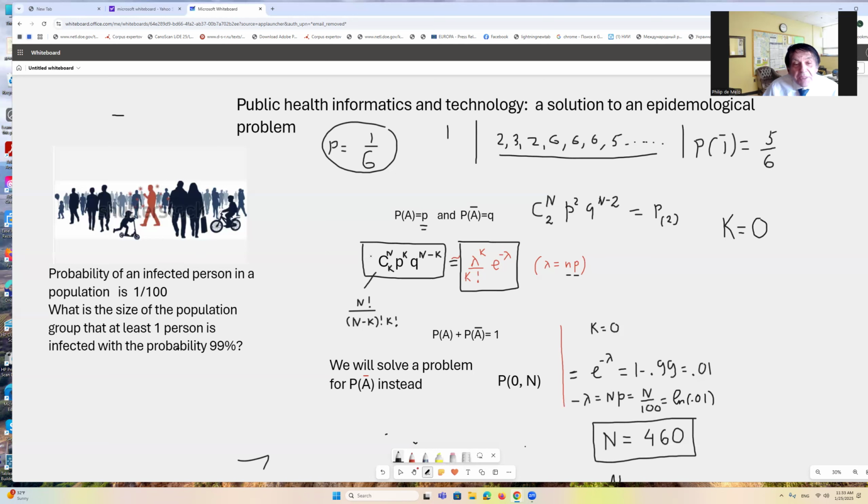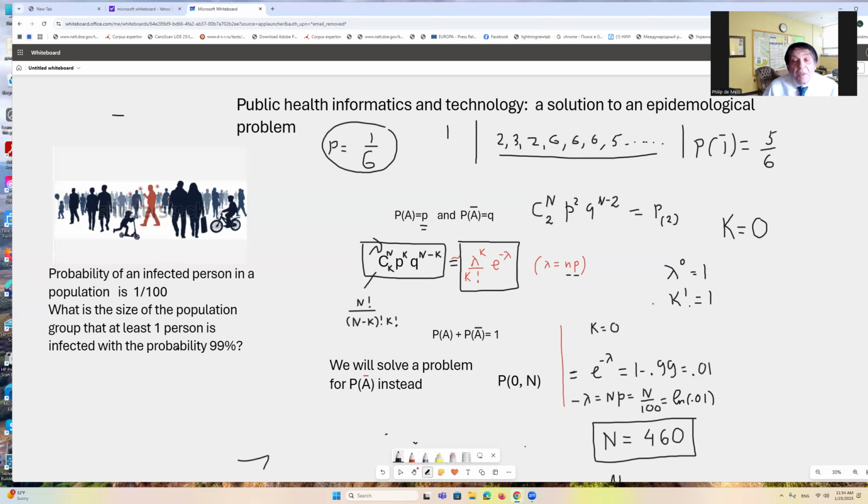So when k equals 0, then lambda to the 0 power is 1, and k factorial also equals 1 when k equals 0.